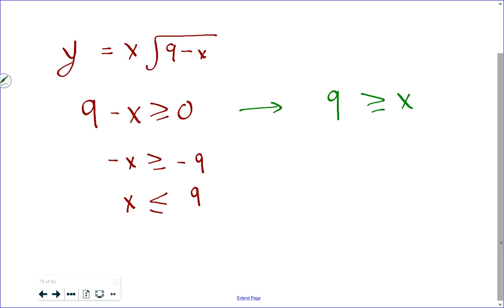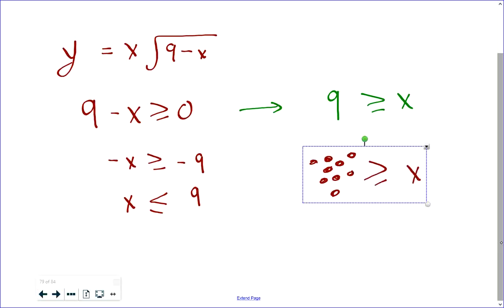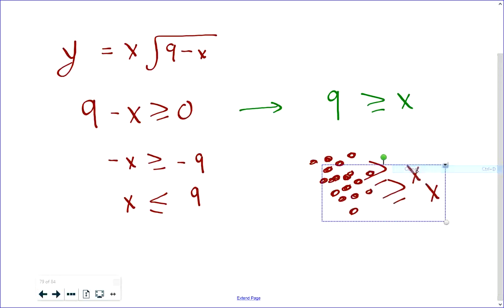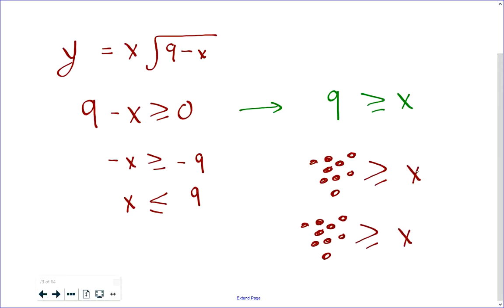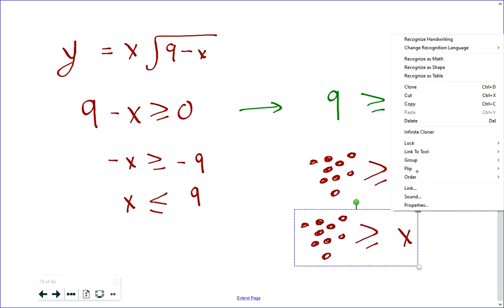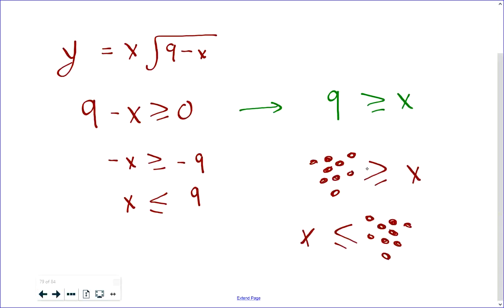And I'm going to put this into symbolic form. What this is saying is 1, 2, 3, 4, 5, 6, 7, 8, 9 is greater than or equal to x. Well, if I take that and I read it backwards, that means I have to flip this. I have to look at it in a mirror. And that's what it looks like in a mirror.